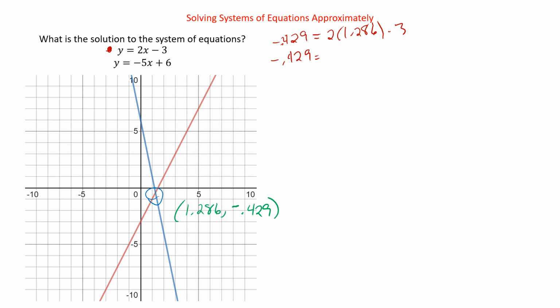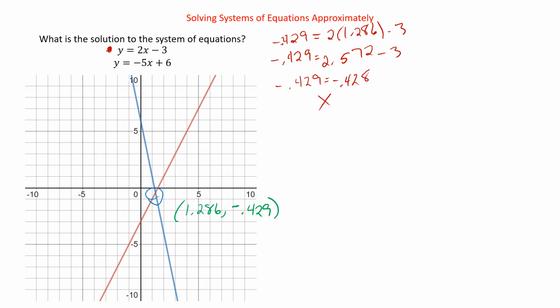It's going to be 2.572 minus 3. And 2.572 minus 3 is going to give us a negative 0.428. So you have negative 0.429 equals negative 0.428, which is not the same thing.